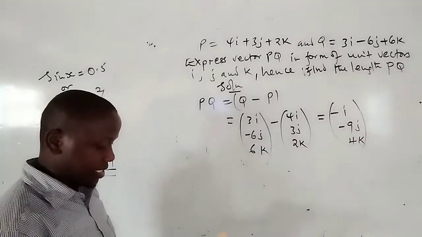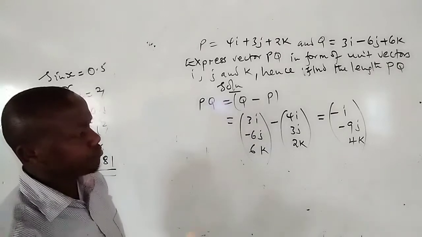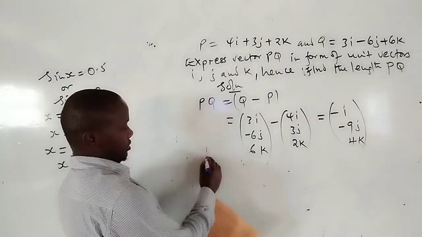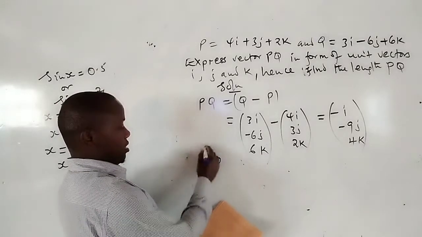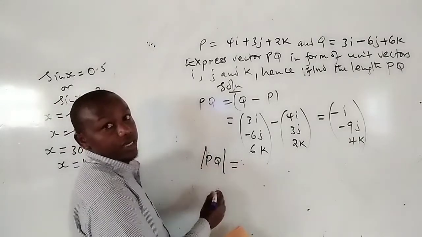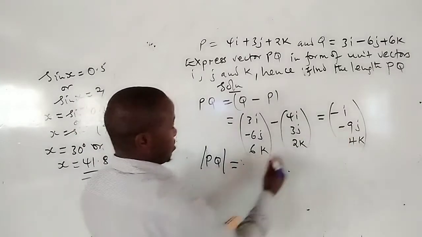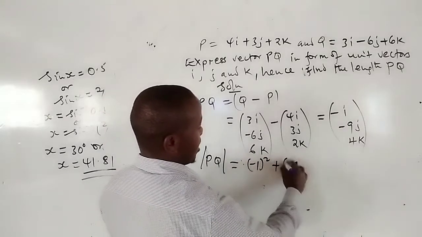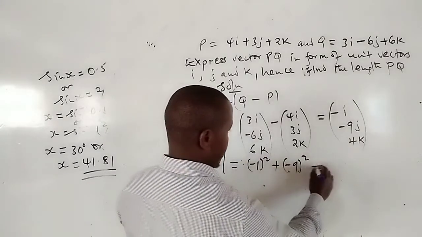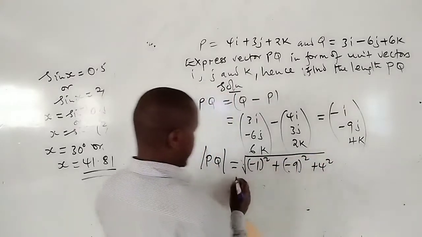Then now its magnitude or size or length, expressed this way, will be given by, when we take negative 1 squared plus negative 9 squared plus 4 squared, the square root.